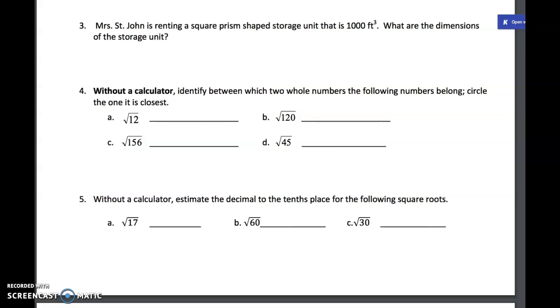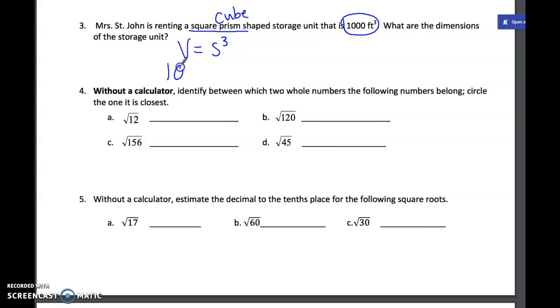Number 3, Miss St. John is renting a square prism, okay, that shaped storage unit that is 1,000 cubic feet. So prism, that's letting us know that it is a cube. What are the dimensions of the storage unit? Okay, volume equals S cubed.